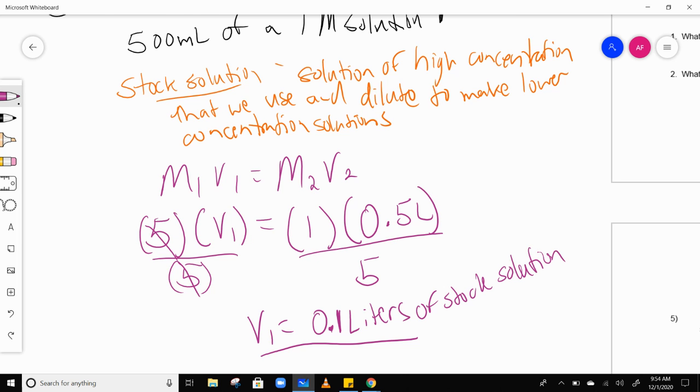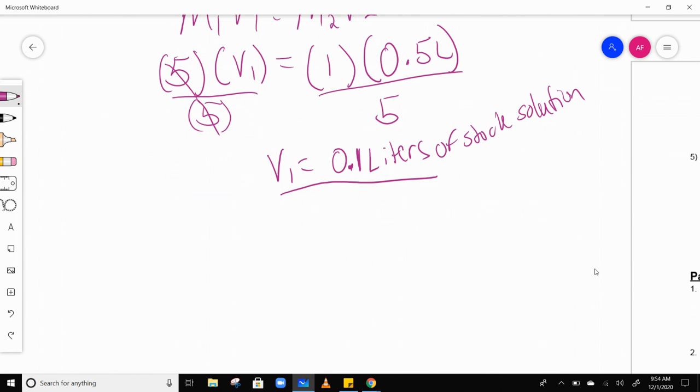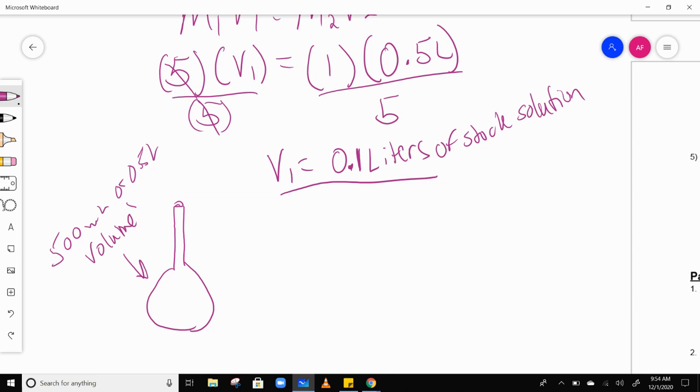So what we would do is take 0.1 liters of the stock solution and put it into a volumetric flask. So this would be a 500 milliliter, or 0.5 liter volumetric flask.